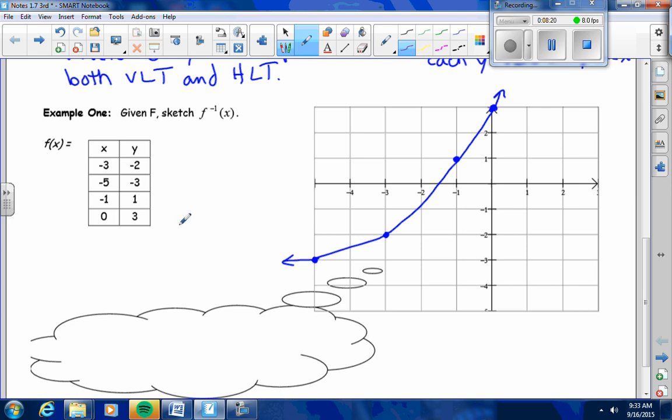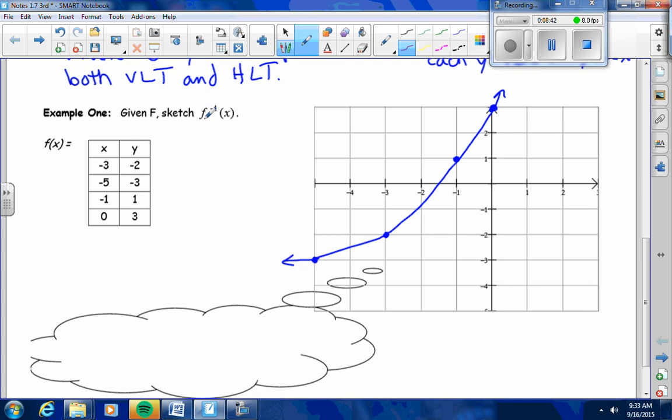Now, up above, when I said we need to find the inverse, I said we swap x and y. So when you have a table of values, you have the coordinate -3, -2. On the inverse function, that point is flipped. Okay, so we're swapping those columns.